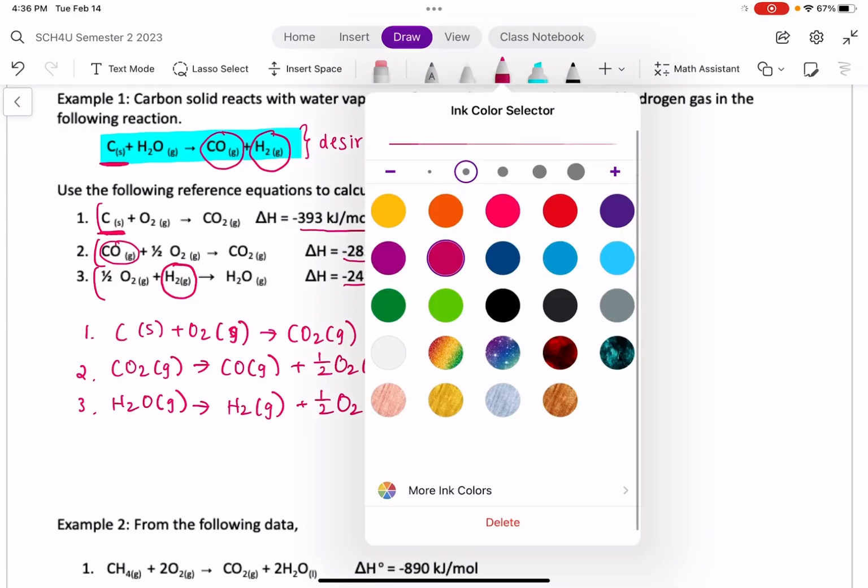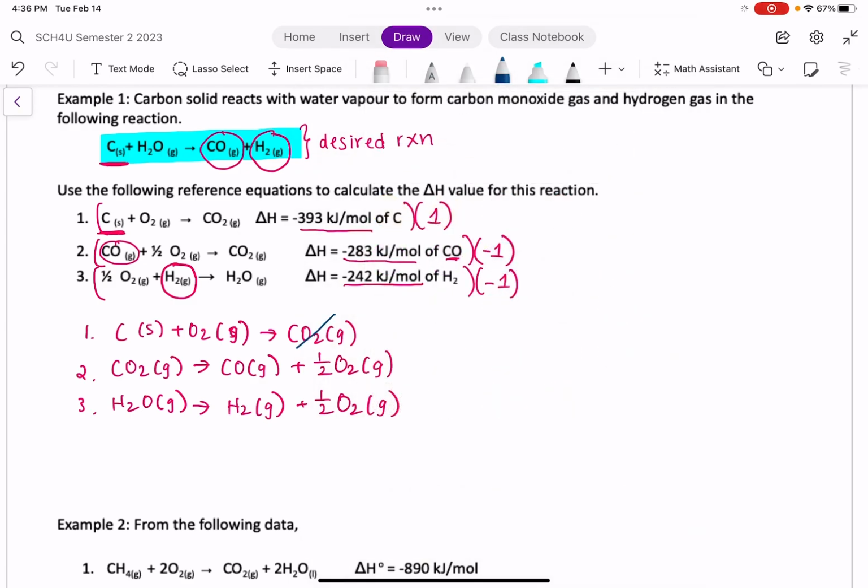So for example, carbon dioxide is on my product side as well as gaseous carbon dioxide on the left in my reactant side. What else? So we have half and half oxygen as well as one whole oxygen molecule on the reactant side.